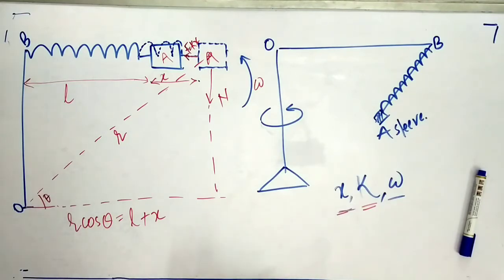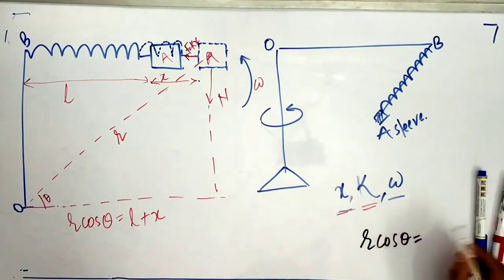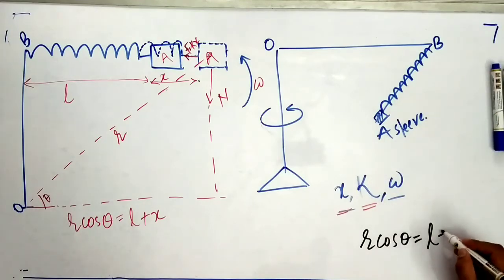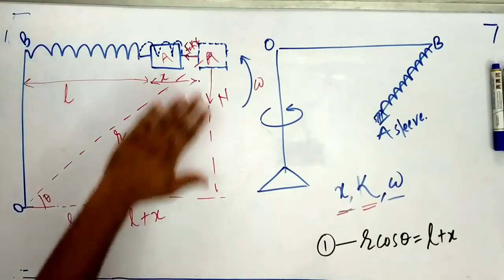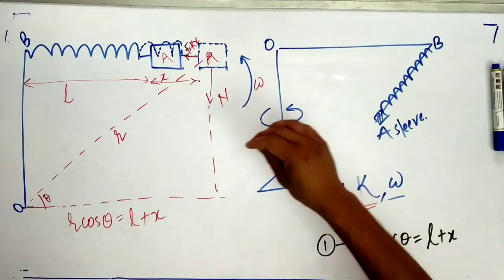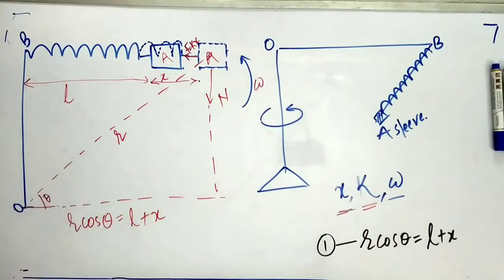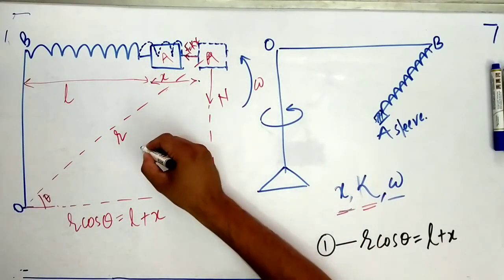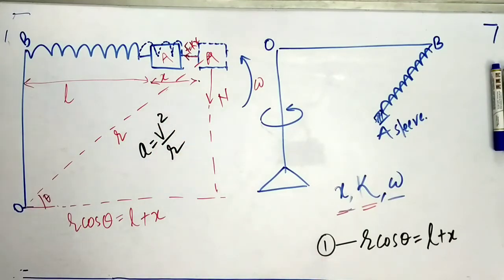We will keep this as an equation we are going to use later. r cos theta is equal to L plus X. We'll name this 1. Also, we should know that this is a rotating body and the acceleration of the sleeve is directed towards the center and is given by a equal to v square divided by r.